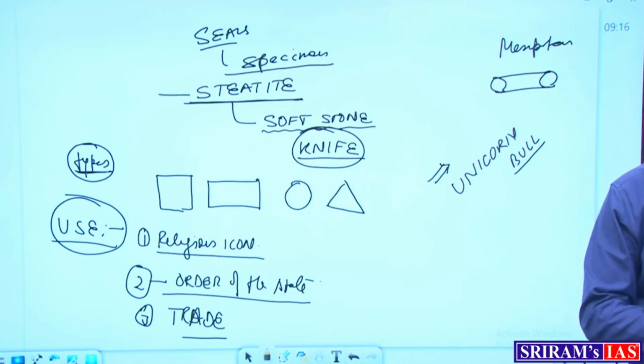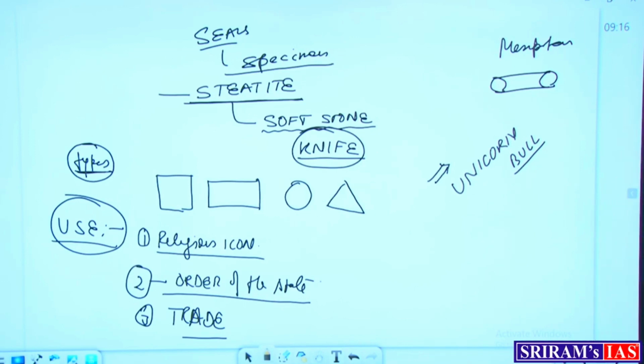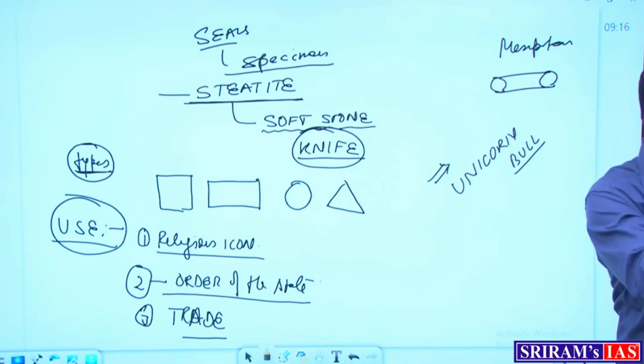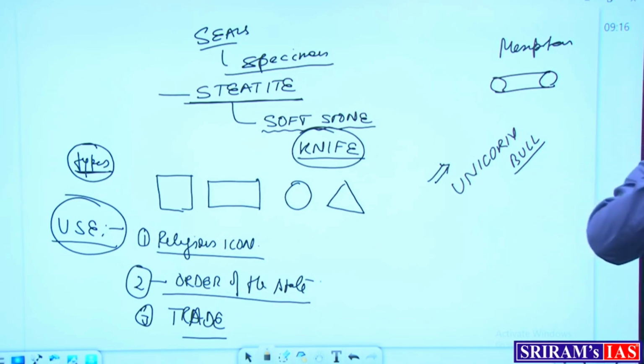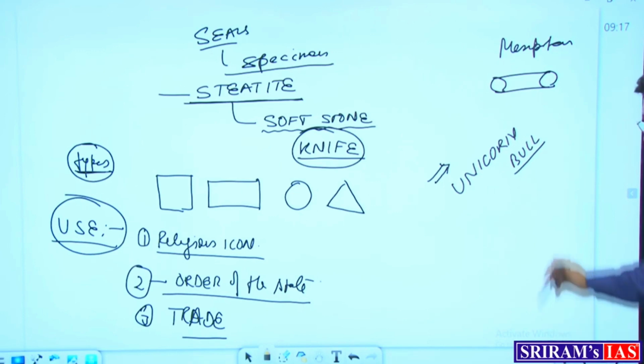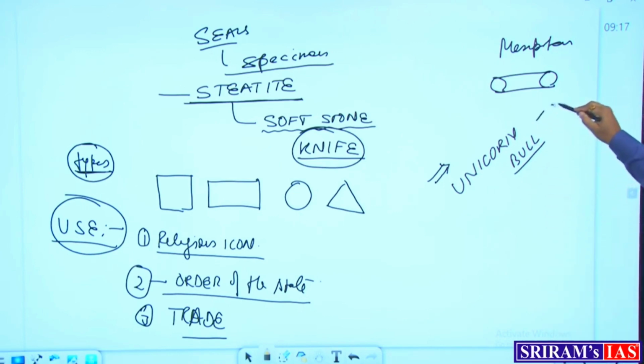So probably Harappans were the best photographers. Suppose this is the horn and you take a side photograph, the horns will superimpose. So this is a mythical animal, perhaps presented from the side and not from the front. And this unicorn bull was worshipped.